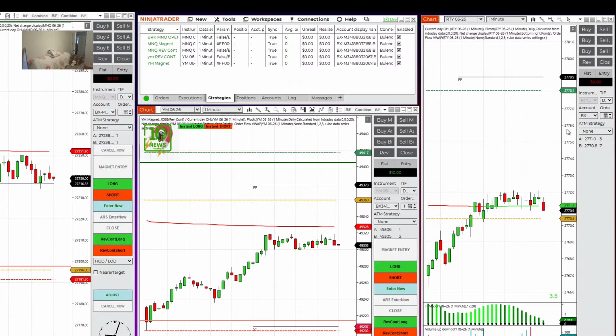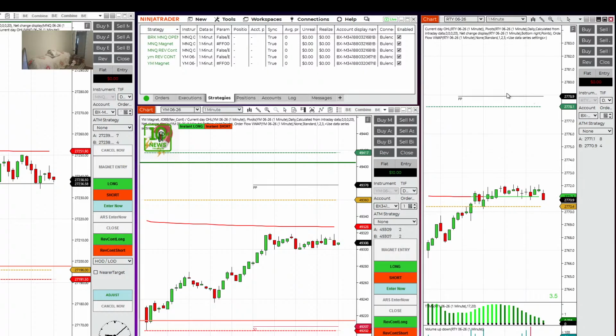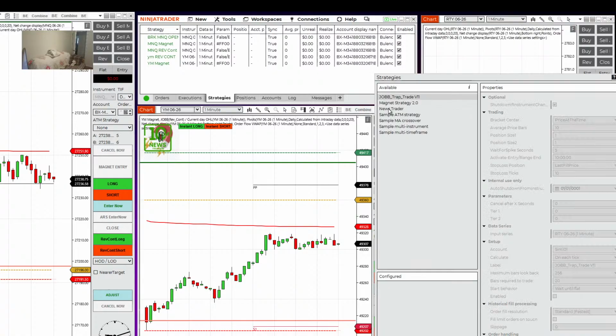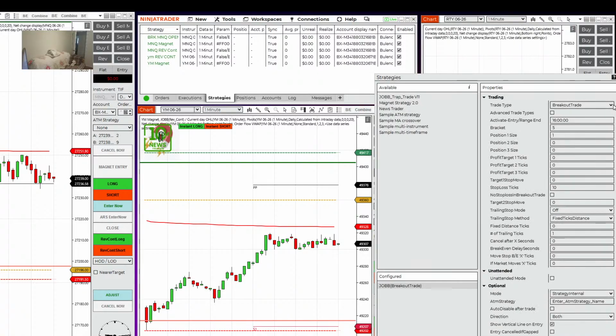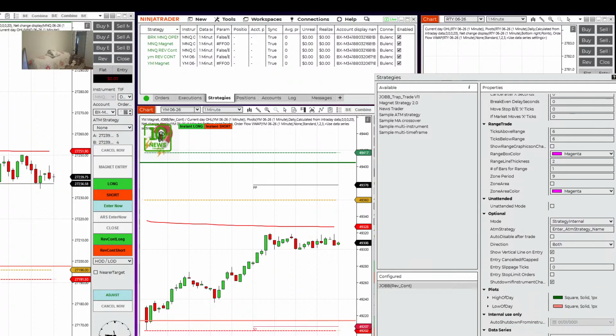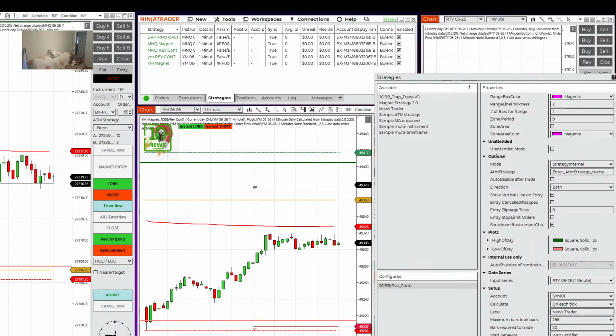And now we also have RTY on the right. RTY has been a very good trade. We're going to put a reverse continue on the chart. News trader breakout gets changed to reverse continue. One position, a 35 tick target, and a 35 tick stop. That's all I need for a reverse continue.